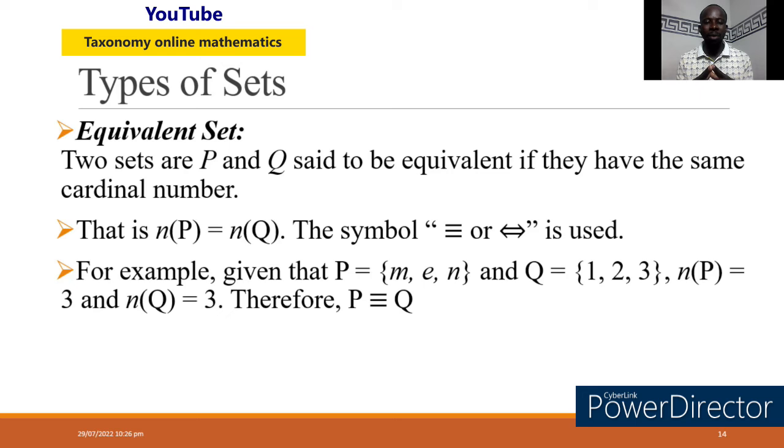So for example, we can have set P having M, E, N, and set Q having 1, 2, 3. Even though set P is letters of the alphabet and set Q is counting numbers, we say they are equivalent because they have the same number. How many numbers? 3 each. So that becomes an equivalent set.